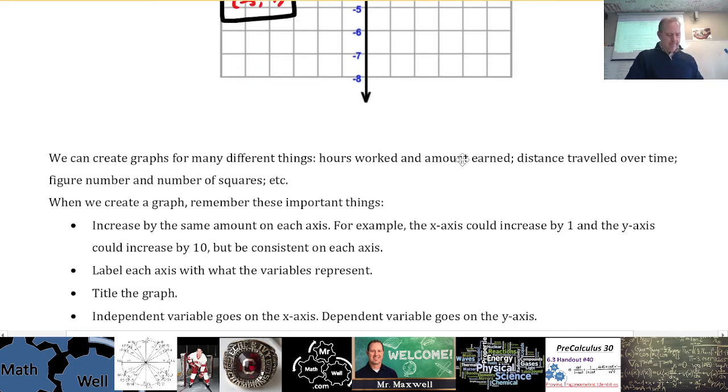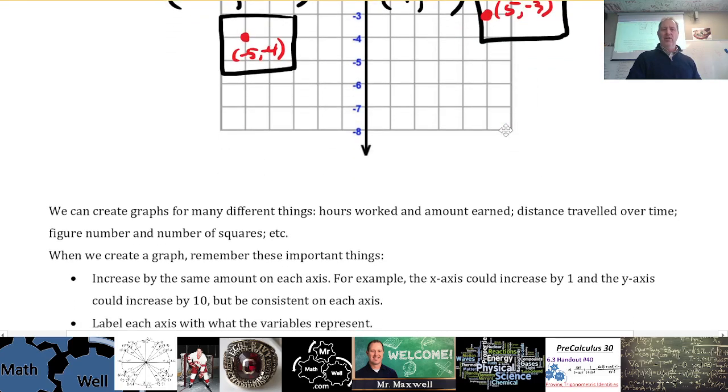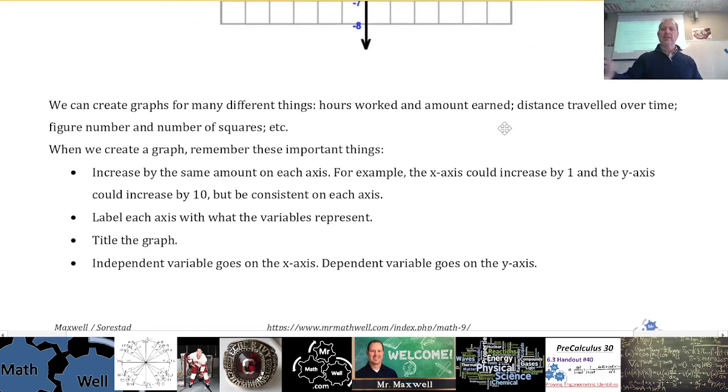Okay, when we create a graph, remember these important things. When you're labeling the axes, this is called scale. When you're determining the scale for the numbers on the axes, increase by the same amount on each axis. The important thing is they're the same amount on each axis.